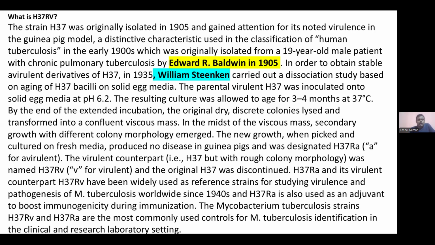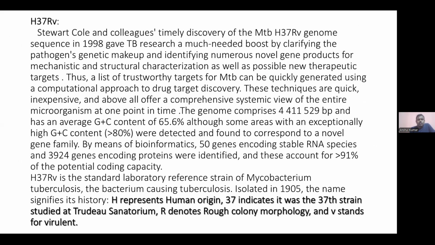See here, one thing I would like to remind you is that this genome was sequenced. That is the difference: Stewart Cole and colleagues have successfully sequenced the genome of H37Rv, but the reference strain from which H37Rv was taken and sequenced was first isolated in 1905.